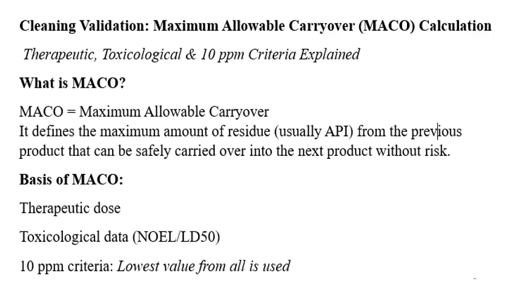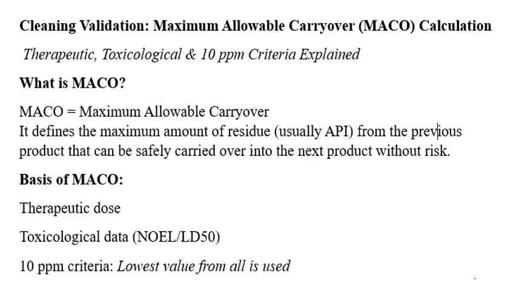For example, if you are manufacturing a paracetamol tablet batch and after that you are going to manufacture a metformin tablet batch, so MACO will be applicable for the paracetamol, the quantity of which gets carried to the metformin batch. That quantity should be limited or controlled in such a way that if it is going into the next product, it will not produce any risk. And that's why MACO calculation comes into the picture.